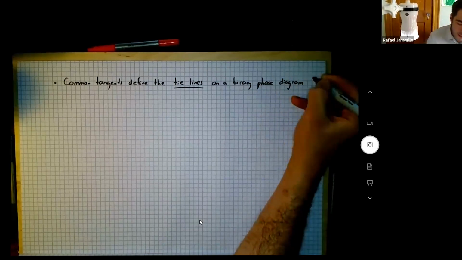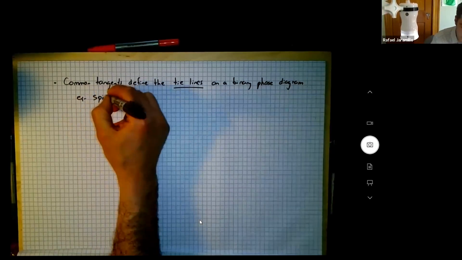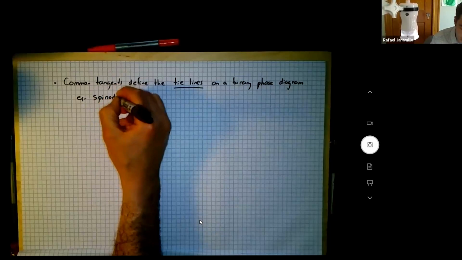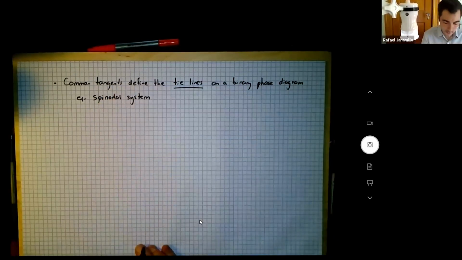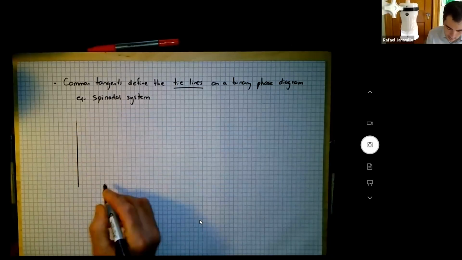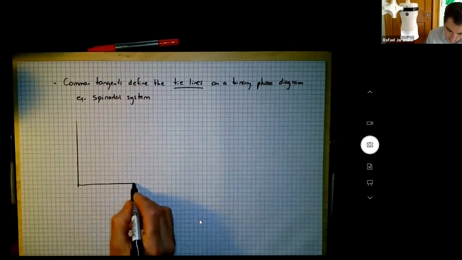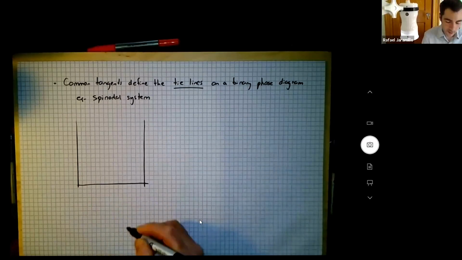Right, so again, for the example of a spinodal system, here I'll draw a phase diagram.